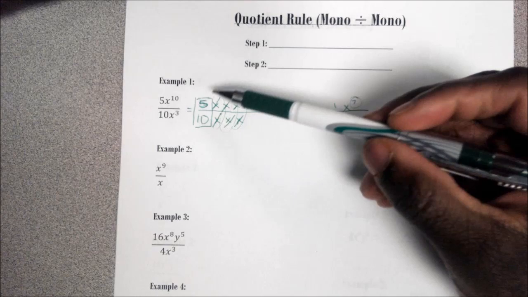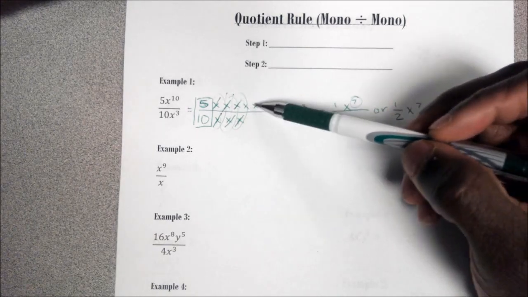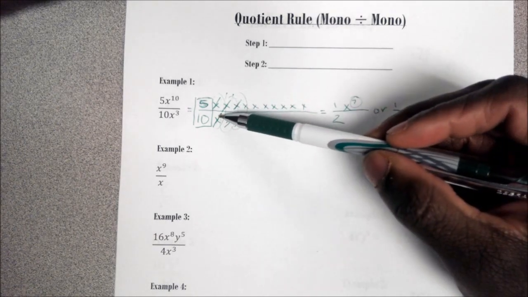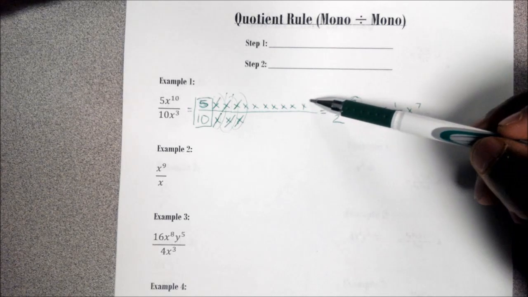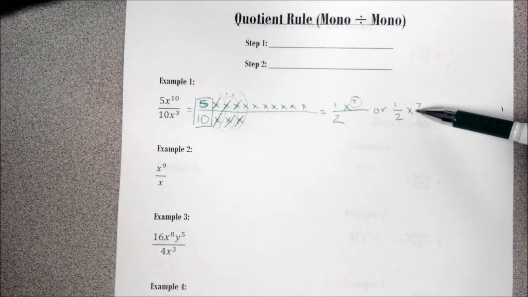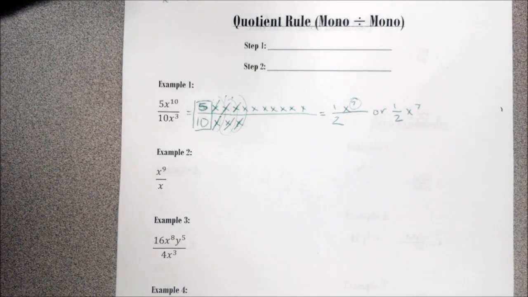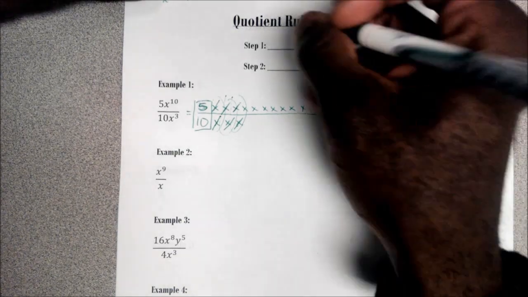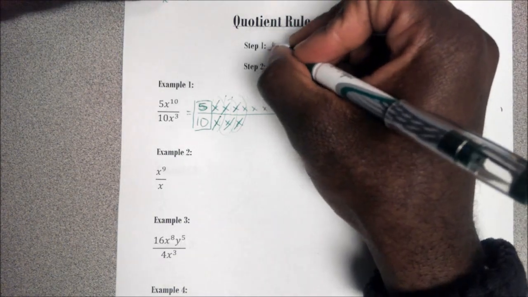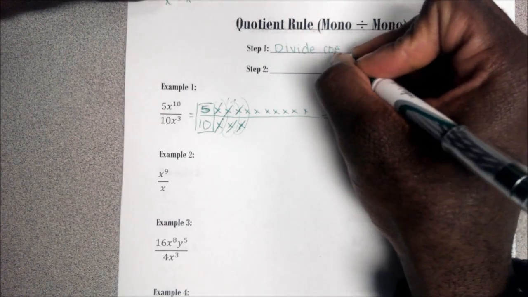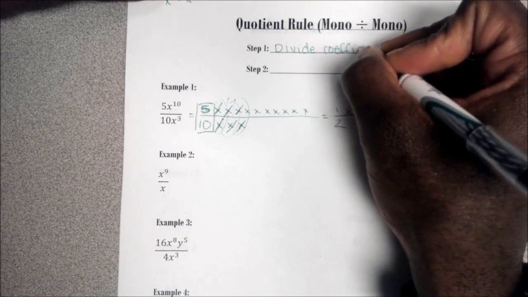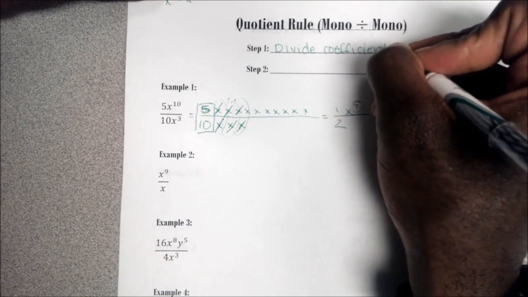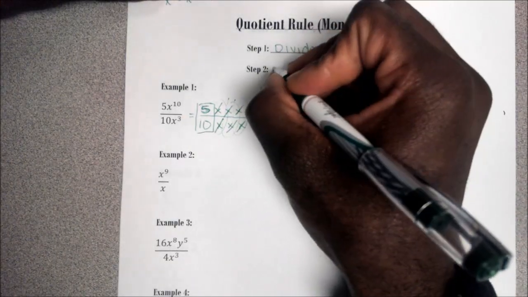Like we saw, when we match them up, we have 10 x's divided by 3 x's, we're left with 7 x's. So you can simply subtract the exponents. You're going to divide the coefficients if there are any, and then subtract the exponents.